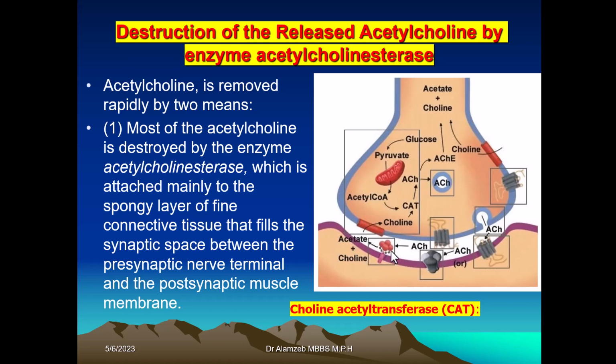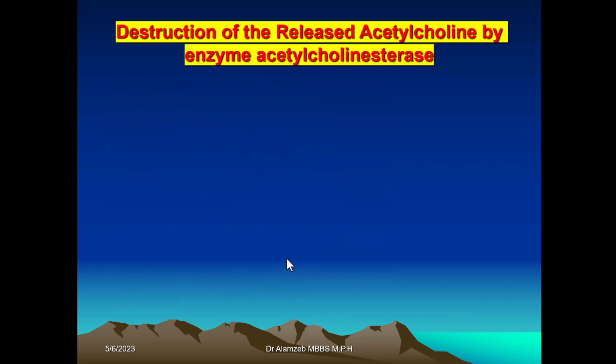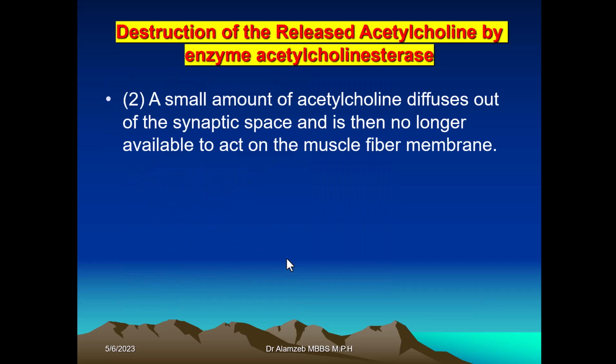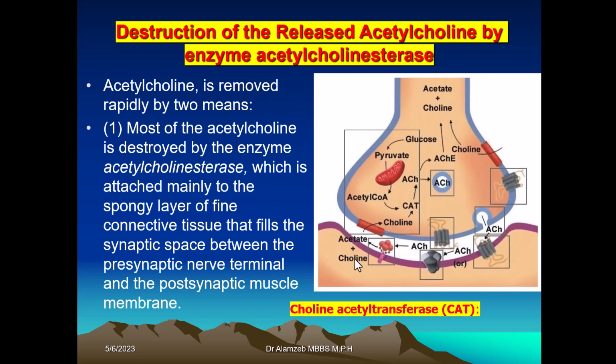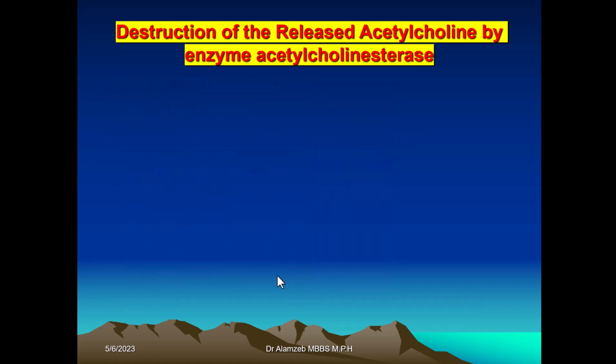This cholinesterase is present here in this space attached to the spongy tissue, and it splits the acetylcholine into acetate and choline. This is one mechanism: the acetylcholine is destroyed in the synaptic cleft by acetylcholinesterase.